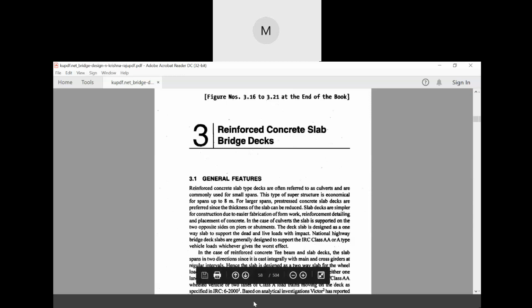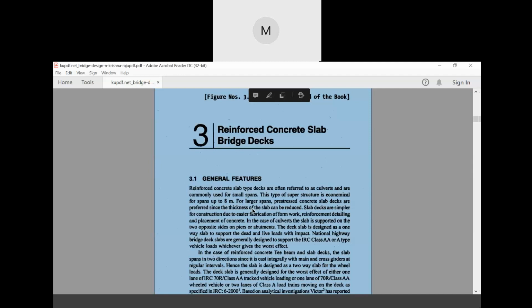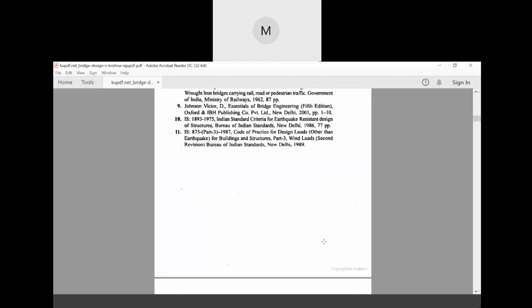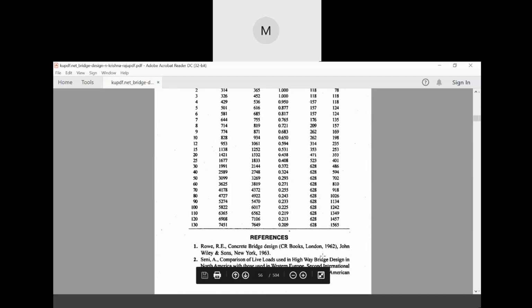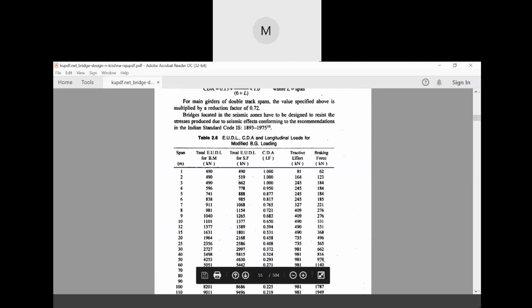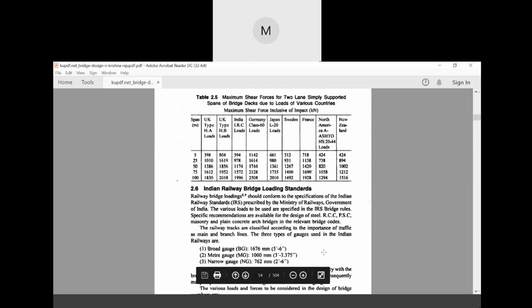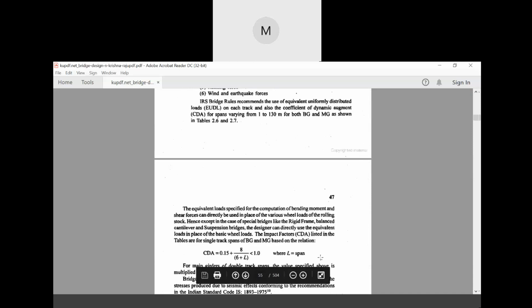Where did we stop in the last class while we were offline? Okay, the standard loadings. Did we discuss this one? Did you discuss impact factor? Someone please unmute yourself and speak. Okay, fine. Thank you.